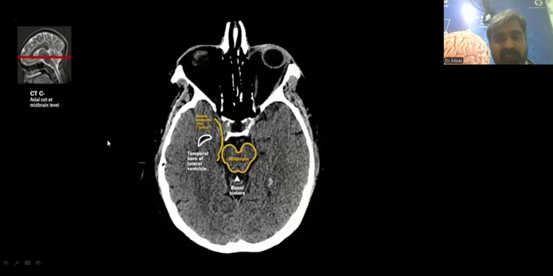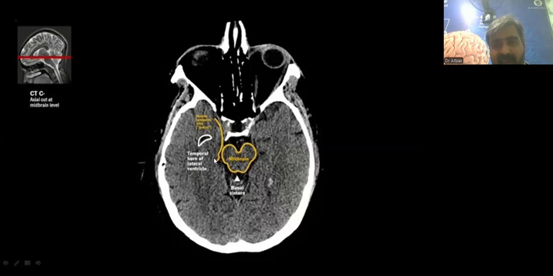Now, this is the deeper cut at the level of the inferior part of the midbrain. Many very important structures we can see here. In the central part, it's the midbrain. That's marked, like a Mickey Mouse.